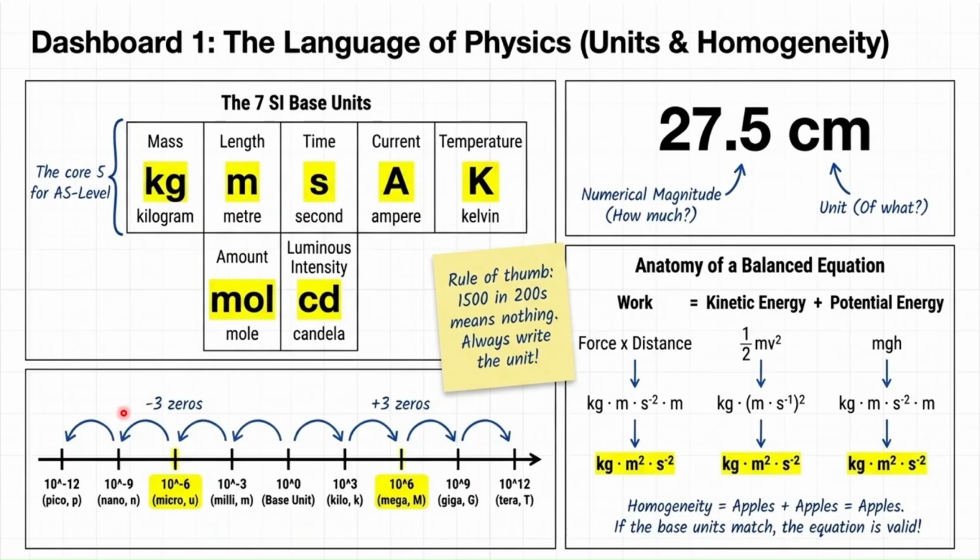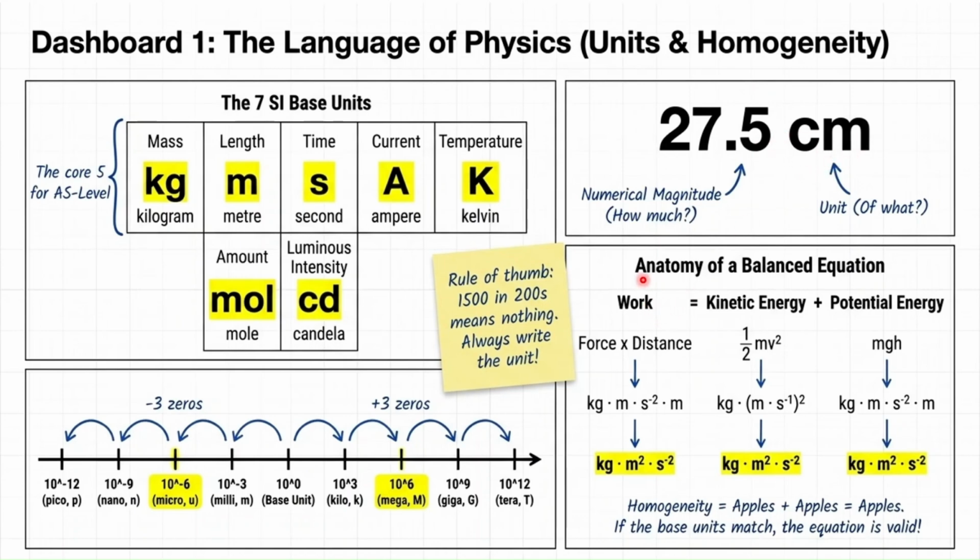Now we have a scale from a picometer to terameter, so keep that in mind. We have a numerical magnitude and give a unit, so write like this, not only 27.5, always write the unit.